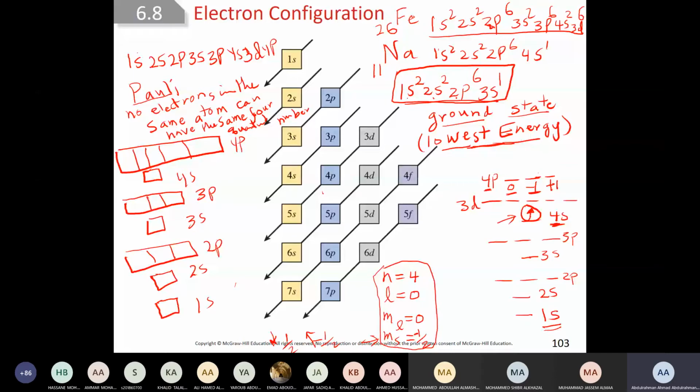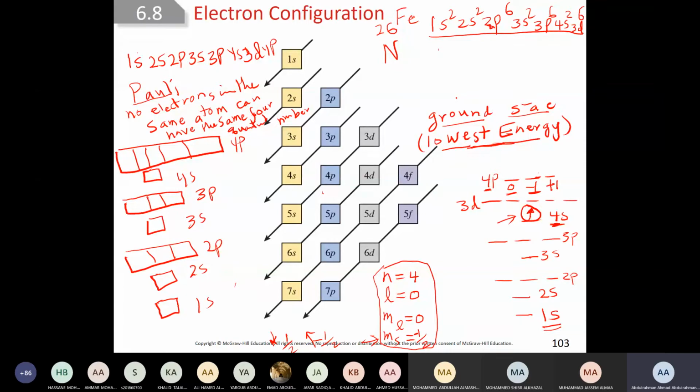Why am I saying this? Let's do the structure for nitrogen.